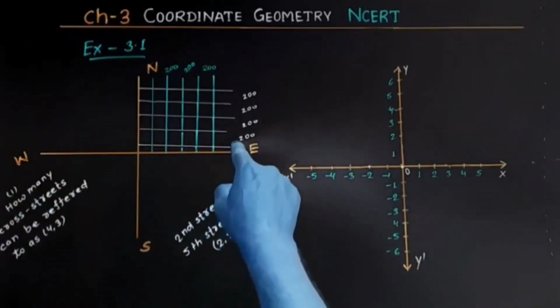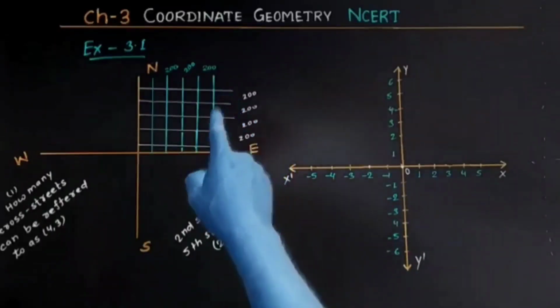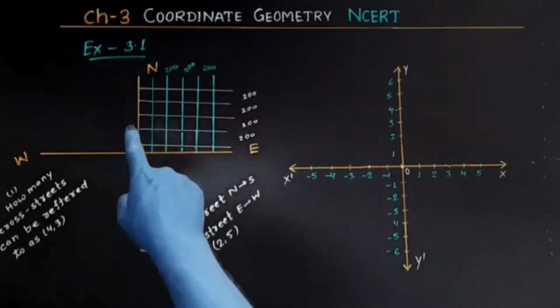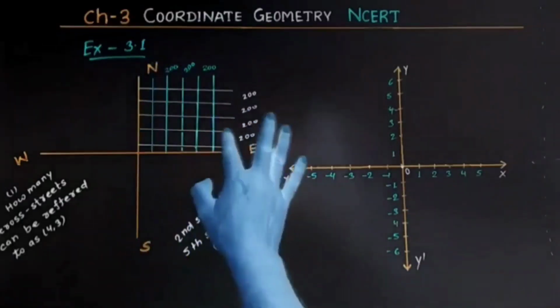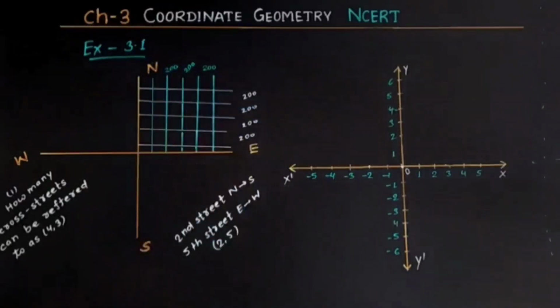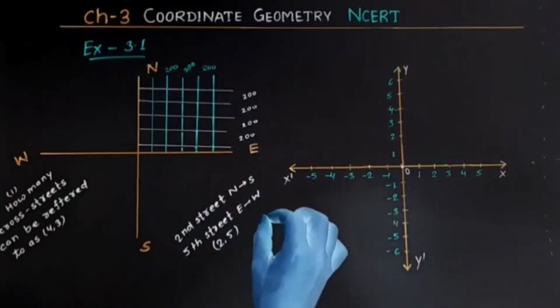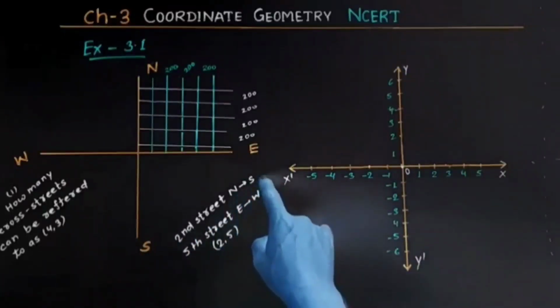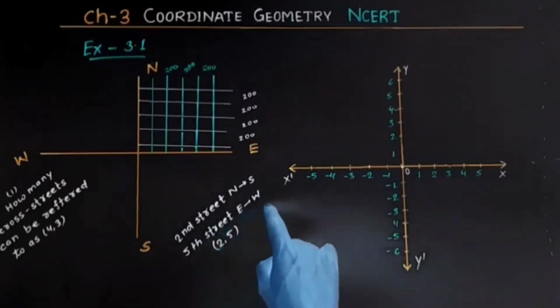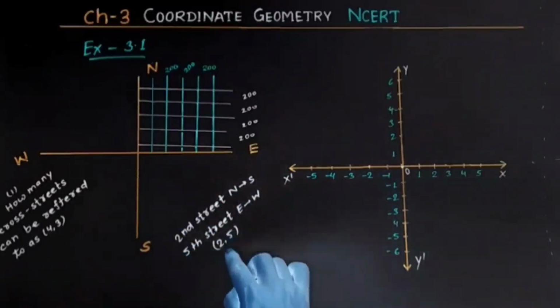First one is 4, 3. So on x-axis, you have to take 4 streets and move up to 3 streets. So you get a unique point. When the horizontal 4th street and vertical 3rd street meet each other, you get a unique point.